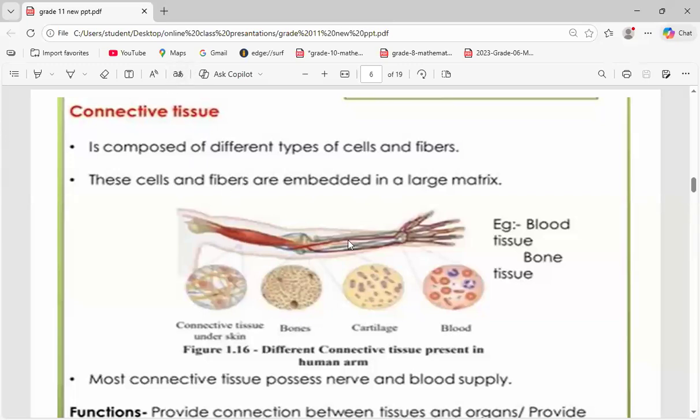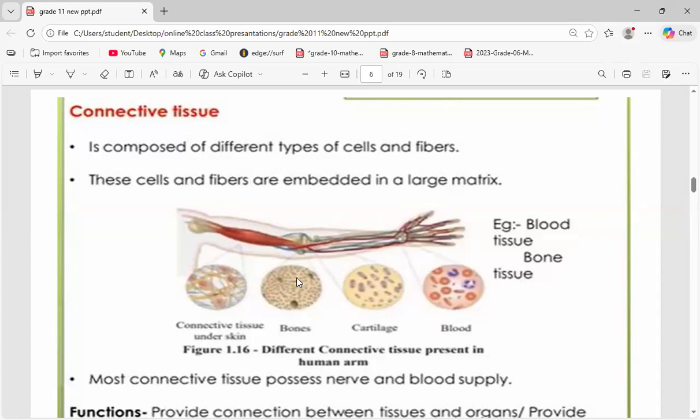So here you see there are many connective tissues: connective tissue under the skin, bones, cartilage, and blood. The different connective tissues present in the human arm. See how many types of connective tissues there are in our arm alone. There are 4 types.